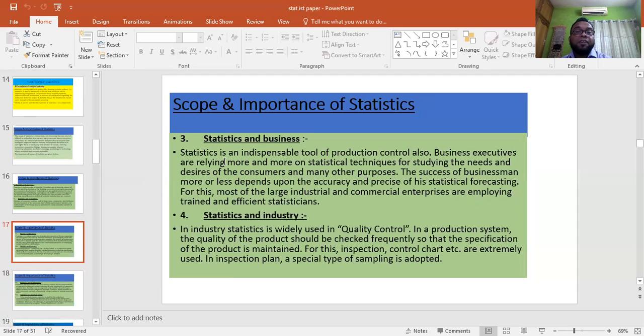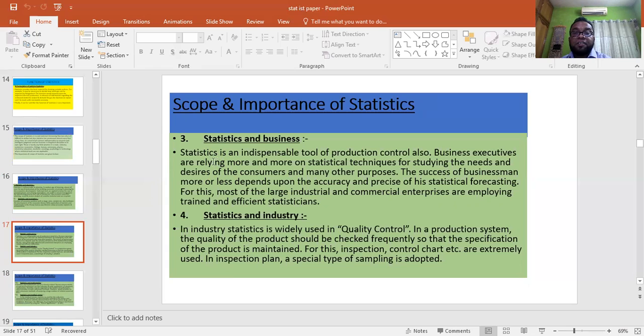This data is very helpful for their decision making also. The success of business more or less depends upon the accuracy and precision of statistical forecasting. For this, most of the large industrial and commercial enterprises are employing trained and efficient statisticians, as I told earlier.